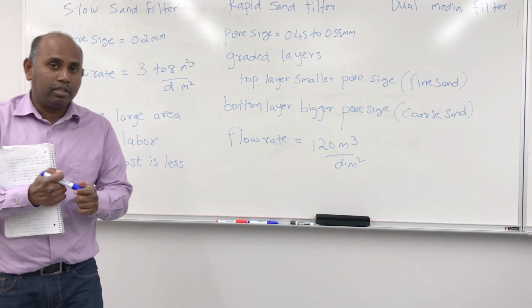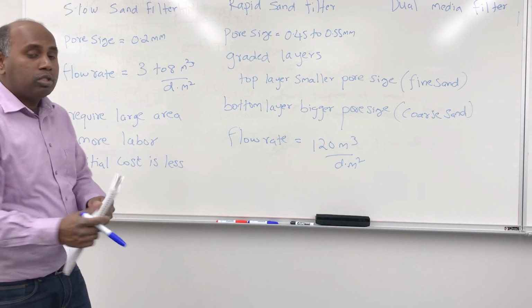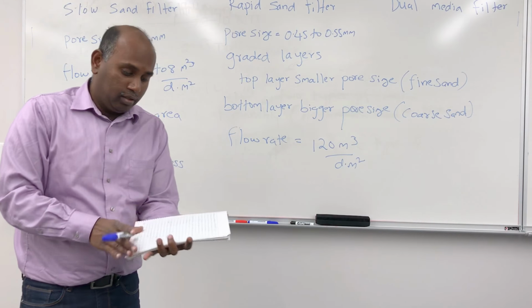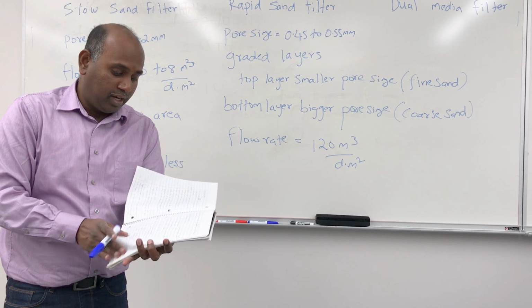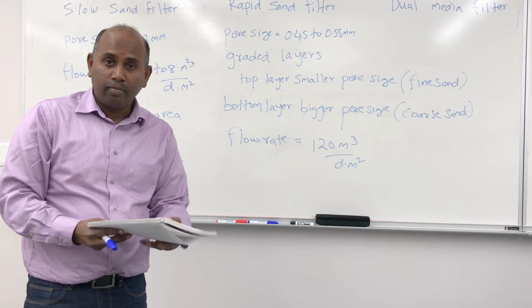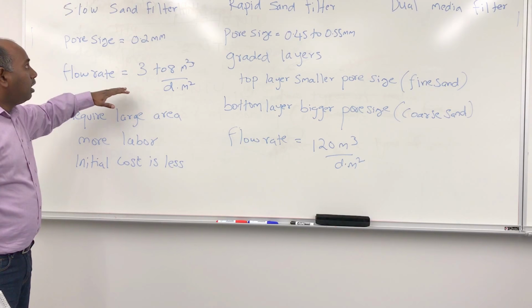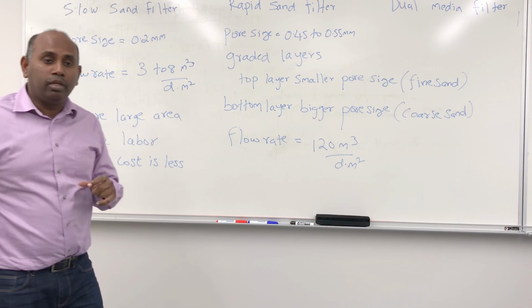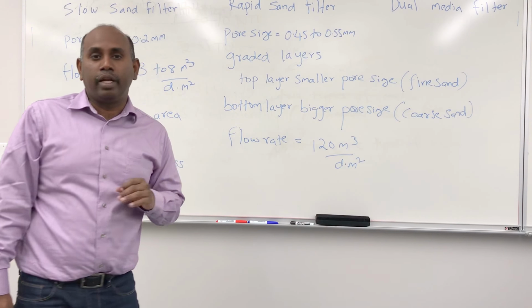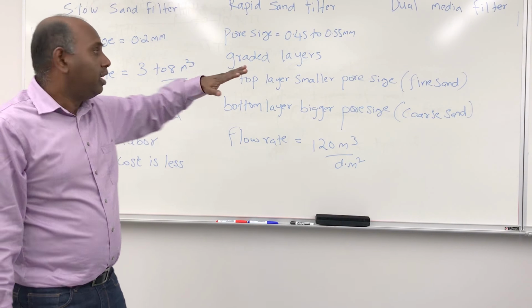So now what happened is, between slow sand and rapid sand, slow sand has uniform material all through the filter, which is fine sand, and it has one type of pore size, about 0.2 millimeter. The major mechanism in a slow sand filter is mechanical straining, meaning it's a surface process, and it is slow.